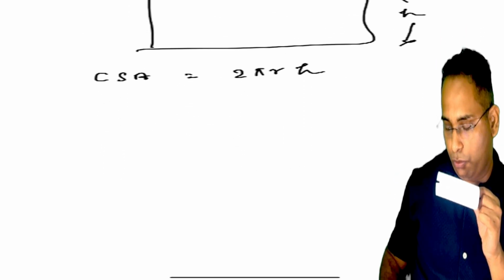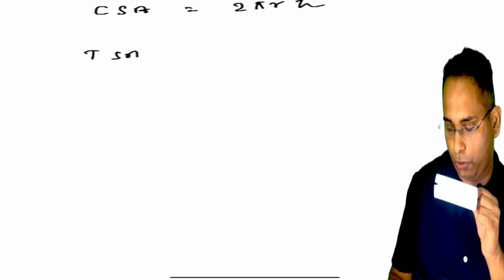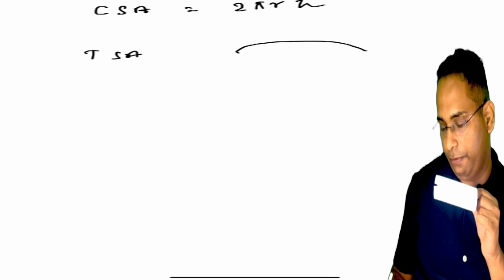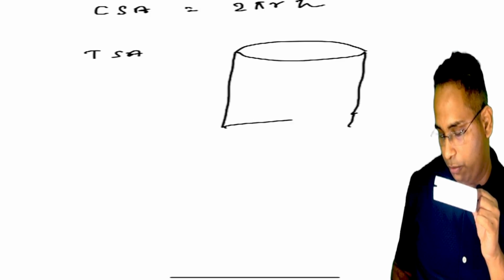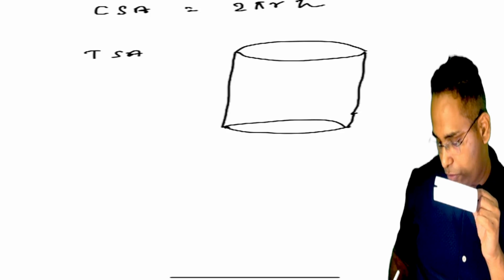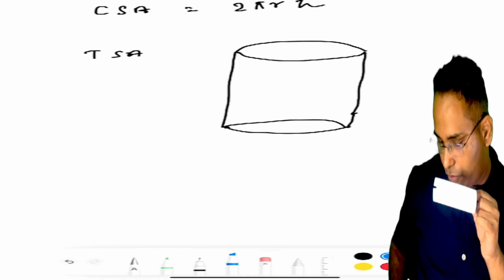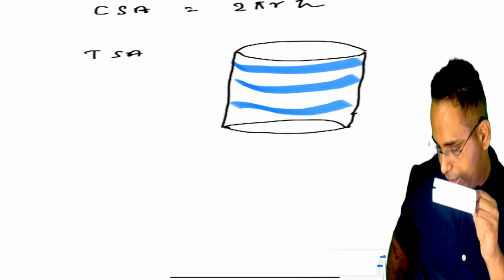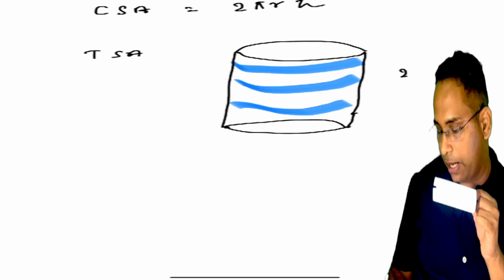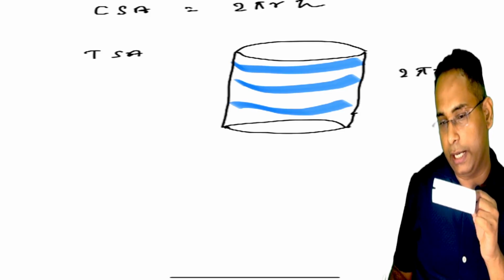Now, one more topic I am going to cover, that is total surface area. When we talk about the total surface area of a cylinder, what will be added to it? The curved surface area, you are already aware. What we derived is 2 pi r h.